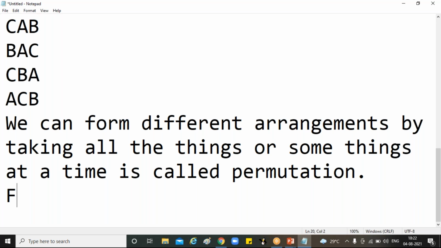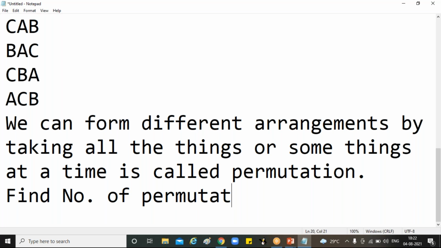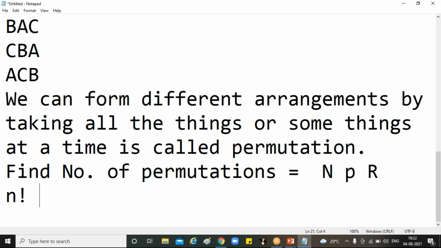We can find the number of permutations. We know the formula, nPr. What is the formula for nPr? n factorial by n minus r factorial.